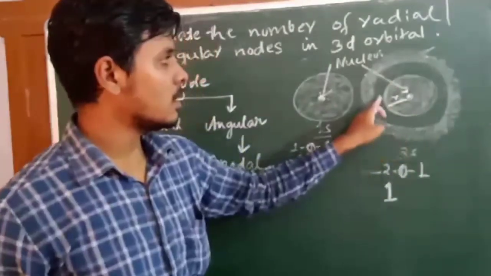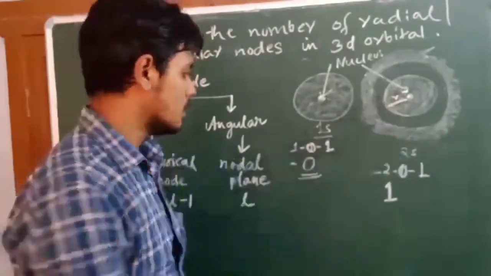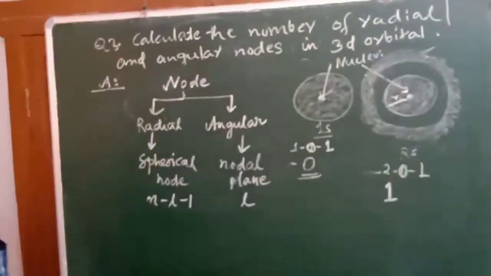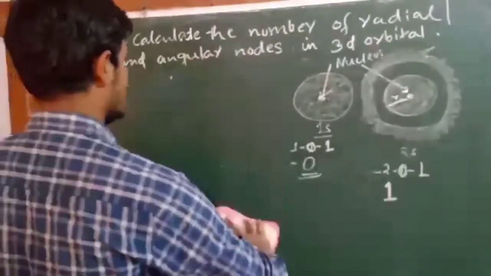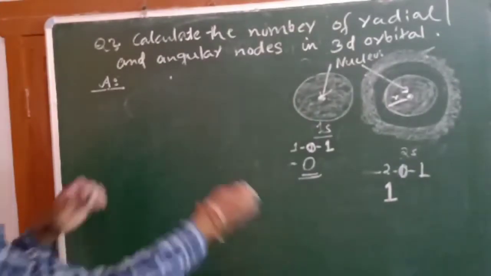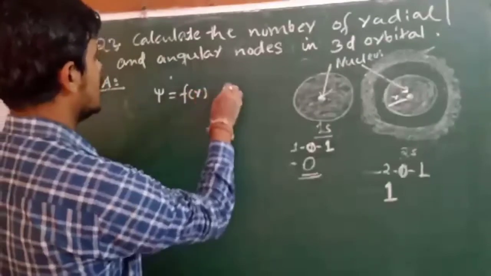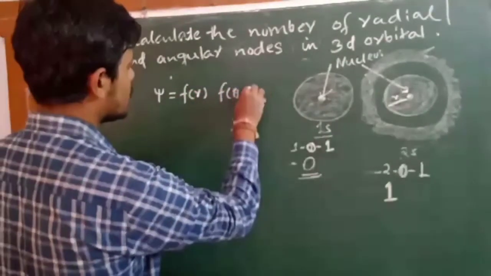So why is it called a radial node? Because it depends on r. When I consider the wave function, psi equals a function of r times a function of theta comma phi.